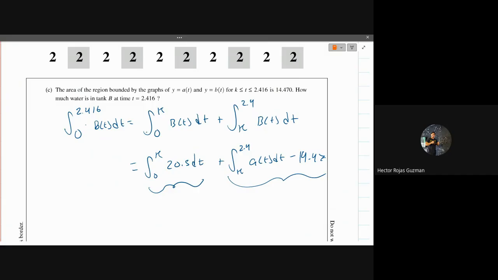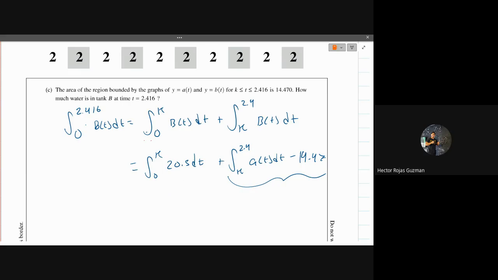But then I have to chunk it up into two intervals. The first interval, I actually know what B of t is. B of t is 20.5, and I already know what K is because we figured it out earlier. So I can just calculate the integral from 0 to K of 20.5 dt.